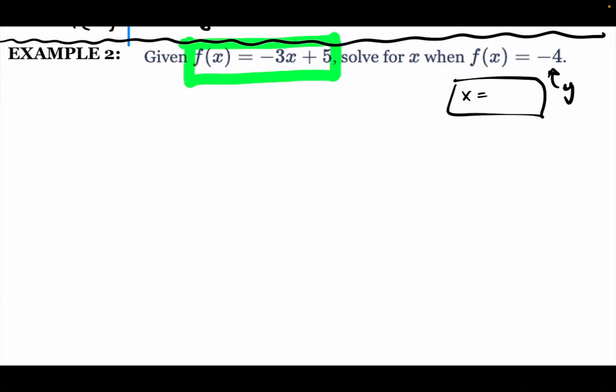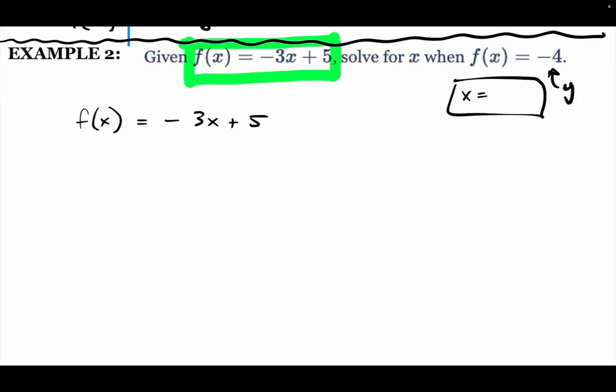Well, is there an f of x over here? Yeah, you're going to take it out. There you go, right? So first step is let's rewrite it. F of x equals -3x plus 5, right? I'm going to rewrite it first. Then I'm going to do a swap.